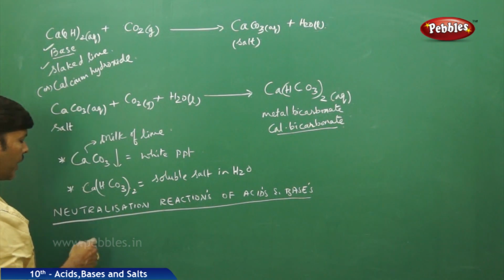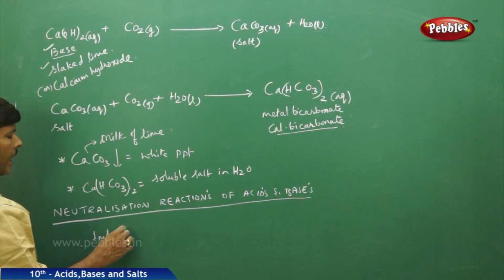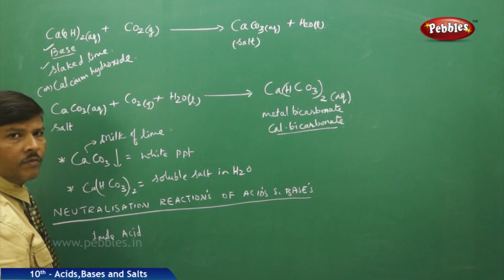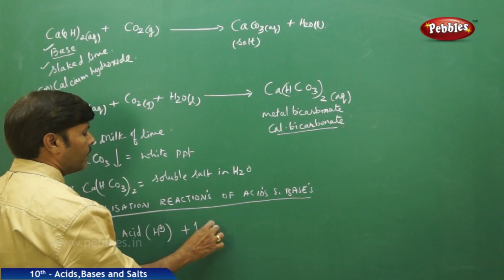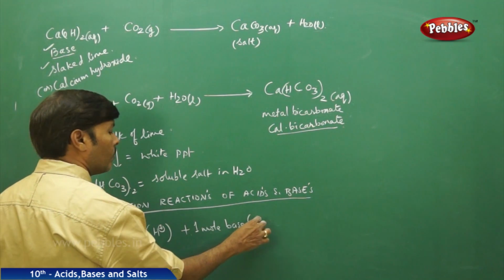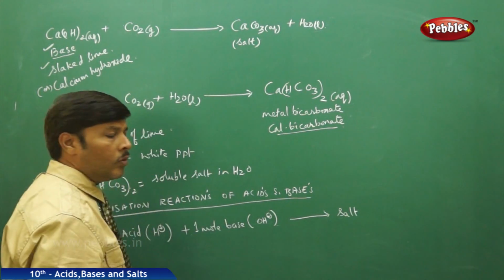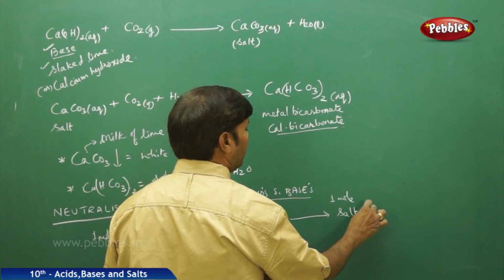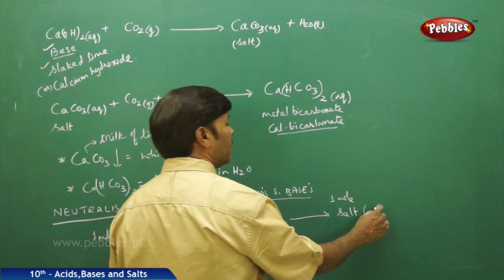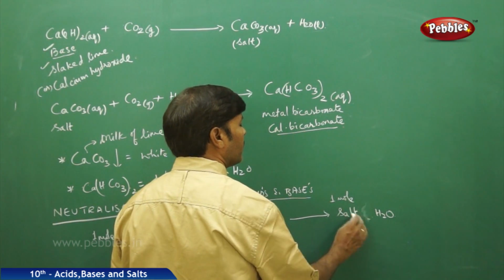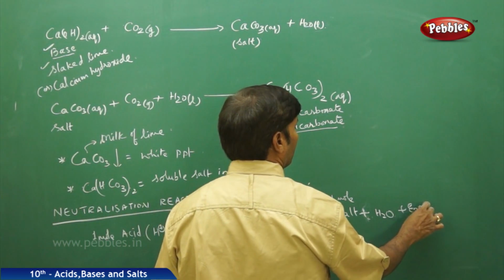What do you mean by a neutralization reaction? The meaning of neutralization reaction is when 1 mole of acid, which contains 1 mole of H plus ion, and 1 mole of base, which contains 1 mole of OH minus ion, react to give 1 mole of salt, where the H plus ion and the OH minus ion of acid and base interact with each other and give a neutral molecule, salt plus water, plus a sufficient amount of energy is also released.